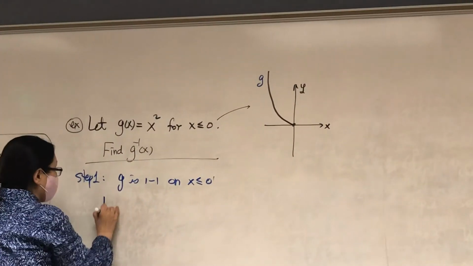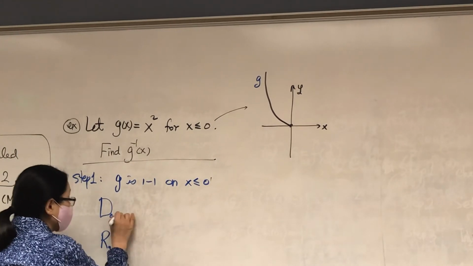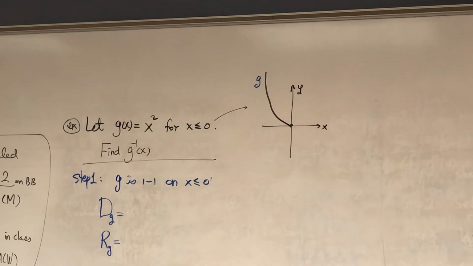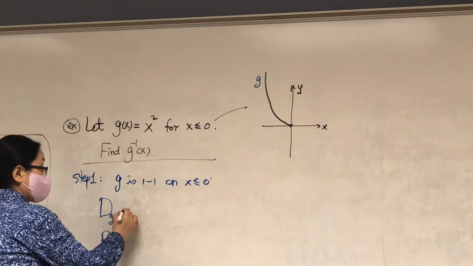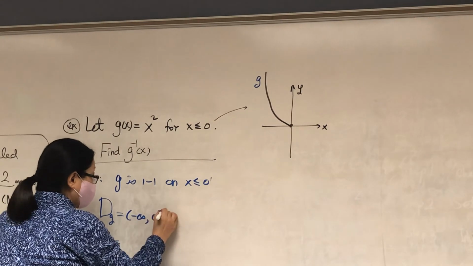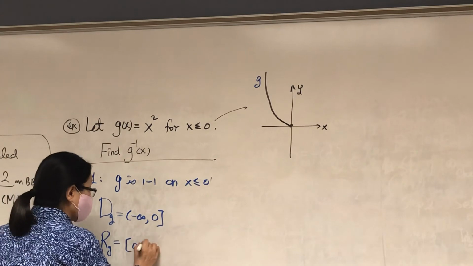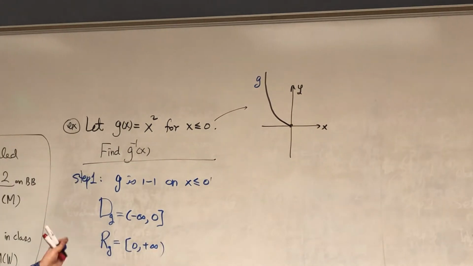What is the domain of g? What is the range of g? In this picture, the domain is negative infinity to 0. What is the range? 0 to infinity. Good job. Am I right? Keep this.